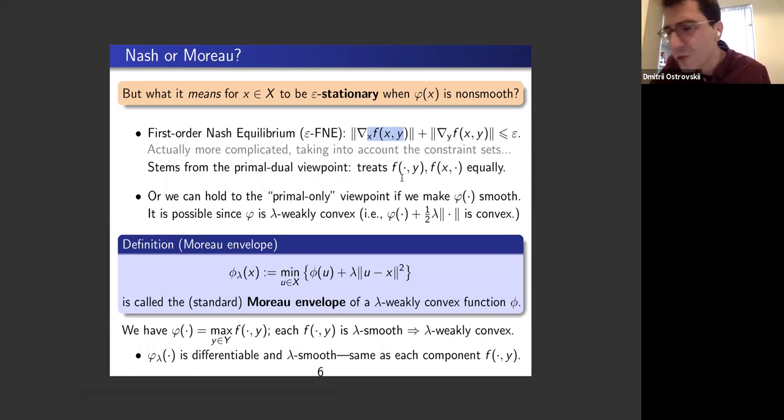You can reweight them, as they actually have different units. There is a way to extend it by taking into account that the sets are constrained. You can consider the norm of the proximal gradient mapping, for example, or there are some other criteria that take into account the constraints.